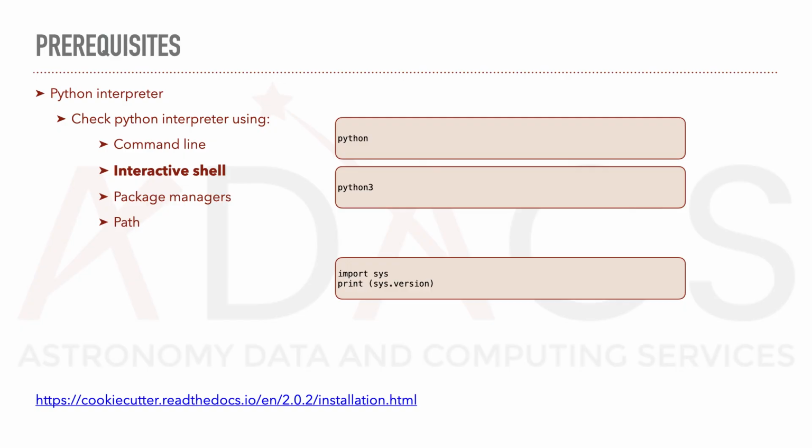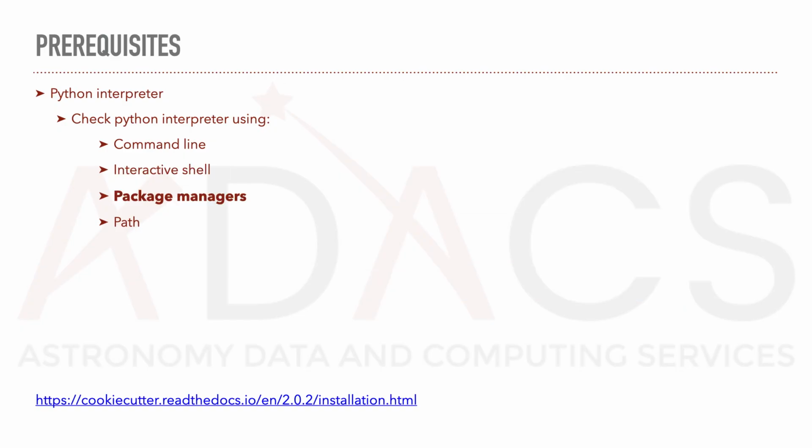If it opens up, you will type in import sys, next line print(sys.version). This should work on both python and python3, and it will print out what version of Python is being used. Pretty straightforward.